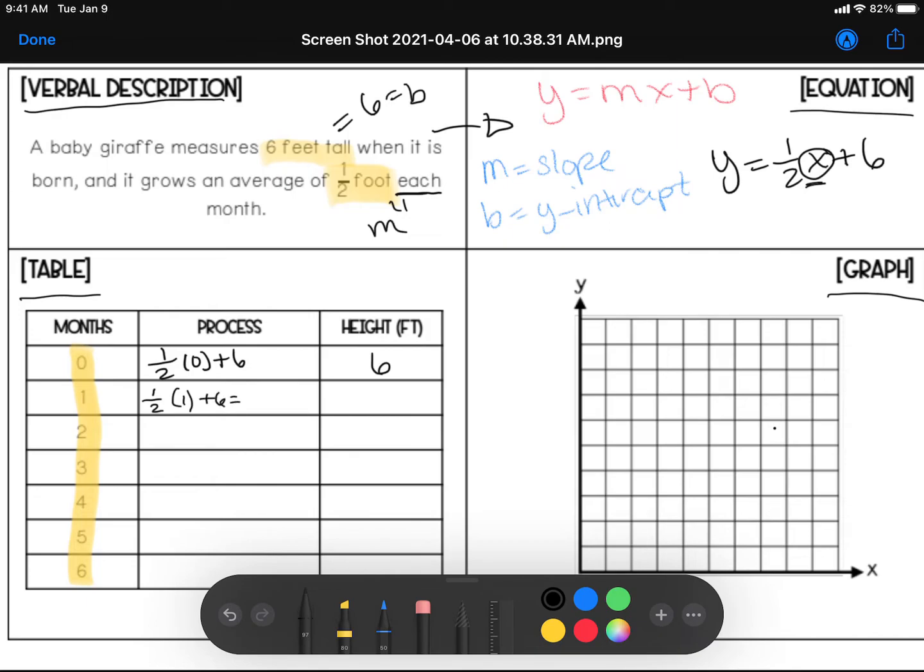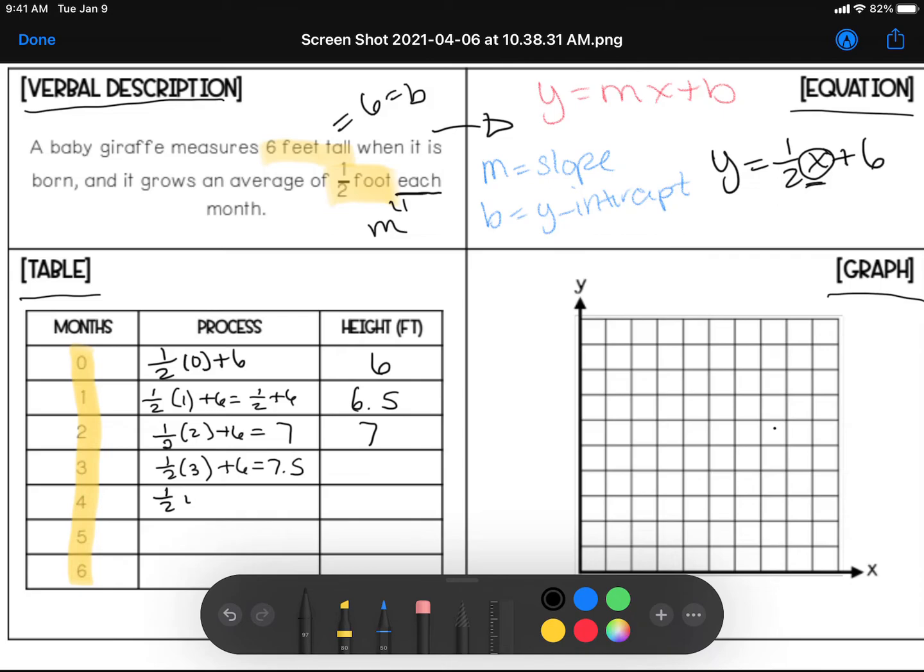So a half times 1 is a half, plus 6 is 6.5. A half times 2 is 1, plus 6 is 7. A half times 3 is 7.5. So if you notice, we're just adding 0.5 each time. As the months go on, we're adding a half.